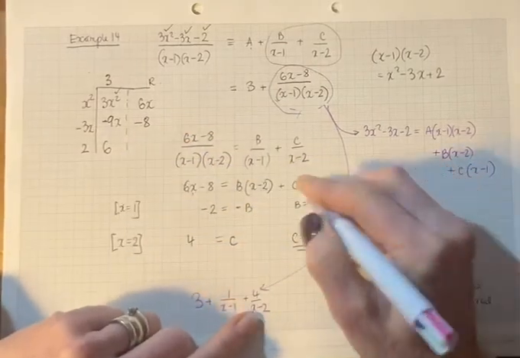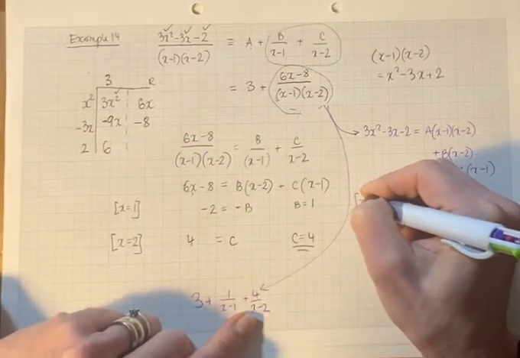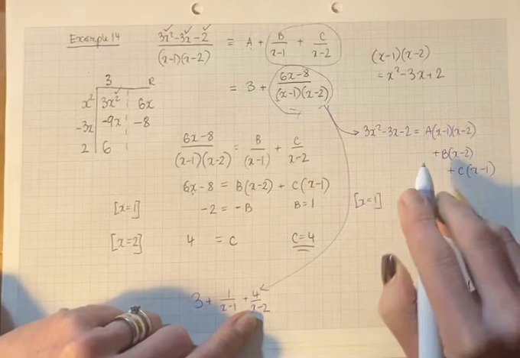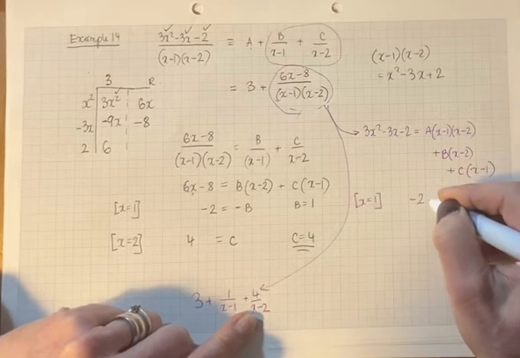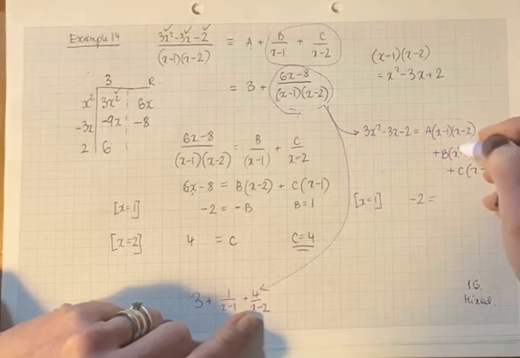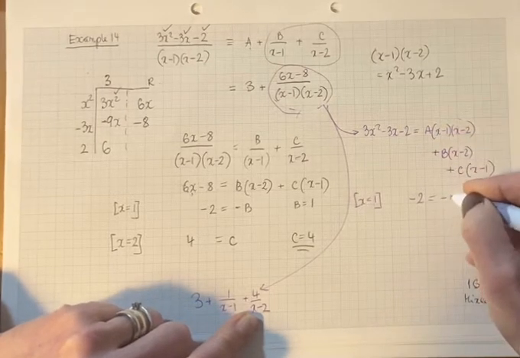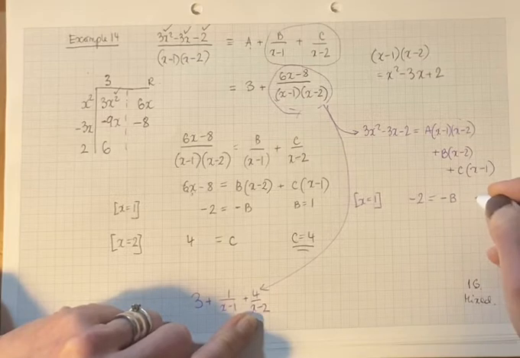And then you do the same as before. Substitute 1 in, and this time you will have 3 minus 3 minus 2, so it's minus 2. That will go to 0. That will give us minus b.